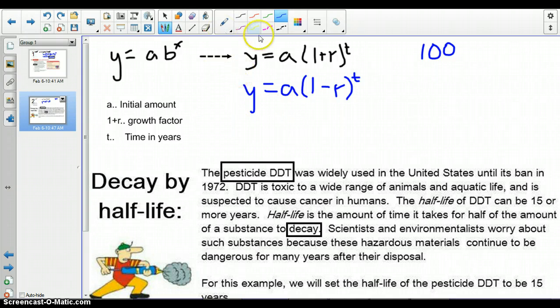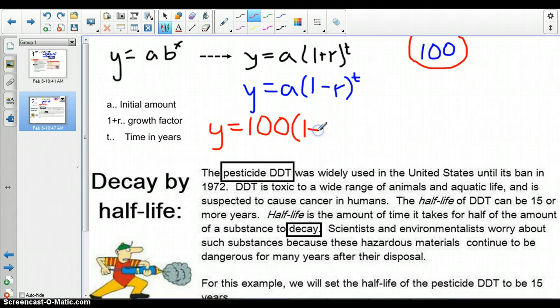So first, let's plug in the information that we have into our model. So y is equal to our initial amount, a. Our initial amount, we were told, is 100. Plug in 100 there, multiplied by 1 minus r.